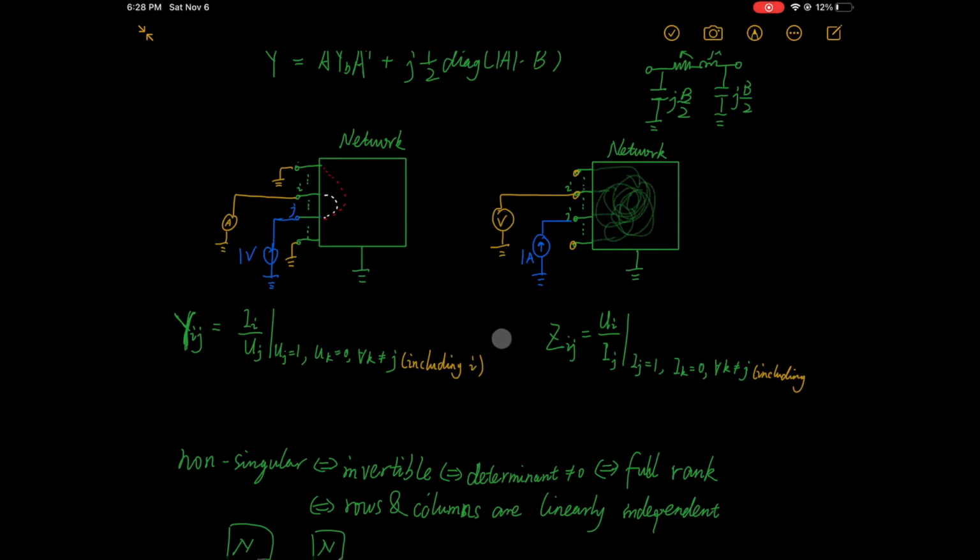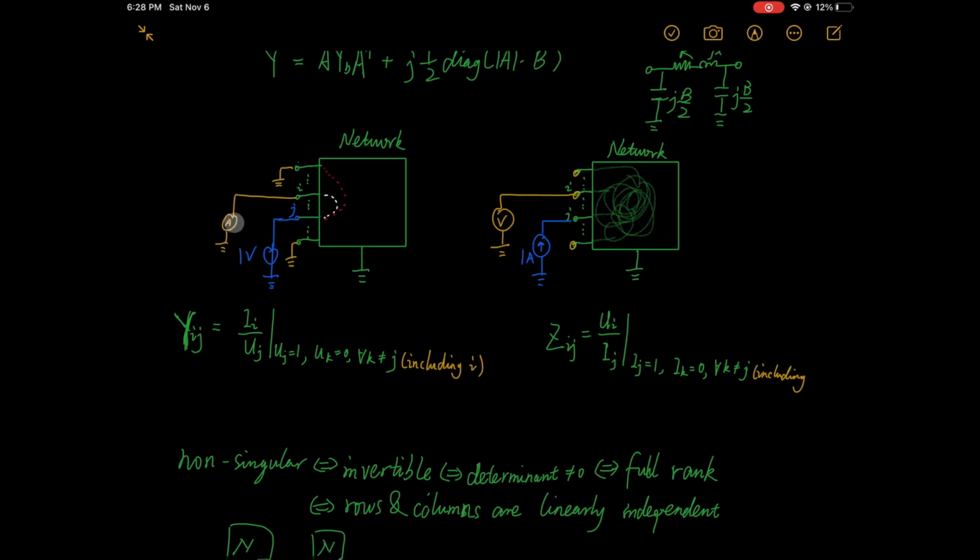Why? As the definition of Y at ij states, let's excite node J with 1 volt and ground all other nodes. There will be a current starting from J, and as long as the current travels to a neighboring node, say node I, it will then go to the ground and not travel to other nodes because it has access directly to the ground.